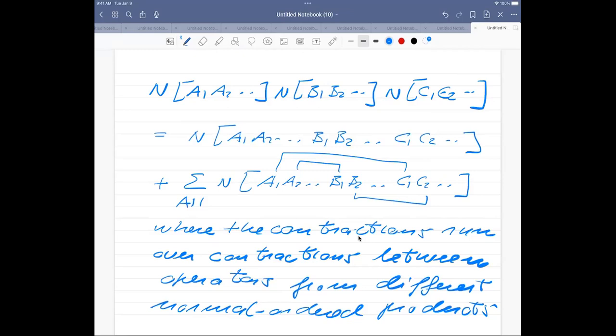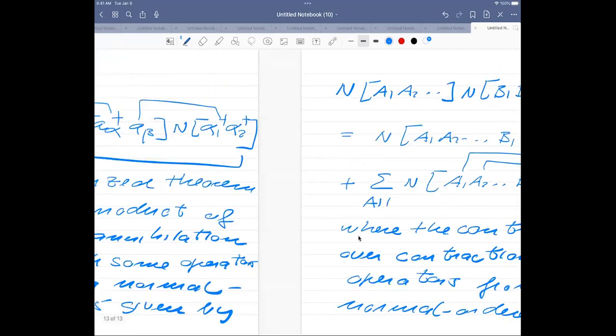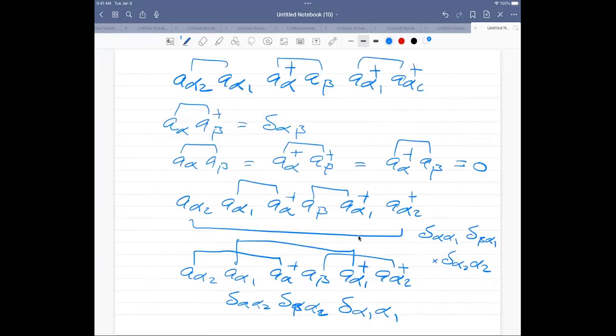But this is something which simplifies considerably the calculations of expectation values. So the only contractions which survive, the only ones which give non-zero, are those which involve contractions between operators from different chains of normal ordered operators. And you saw that if you go back to this example with the two particles which we had here.